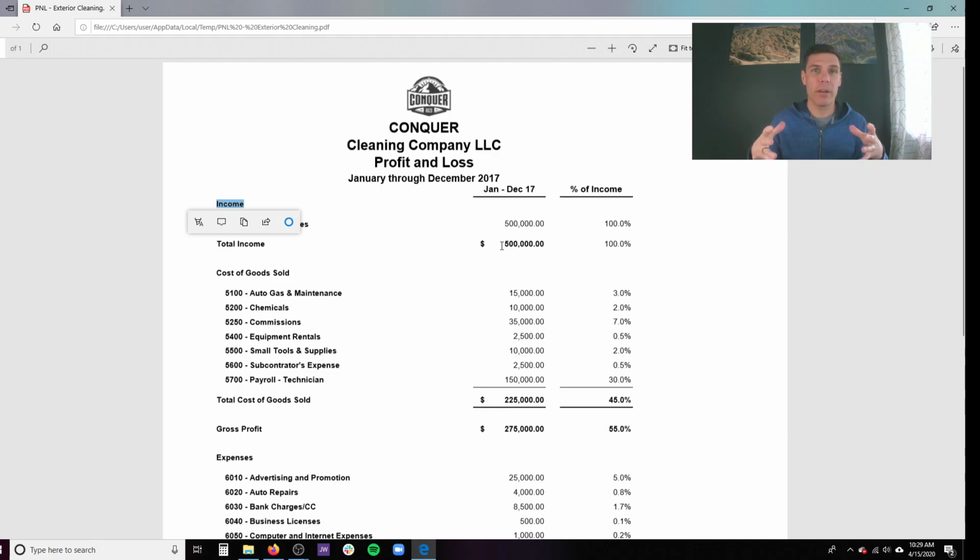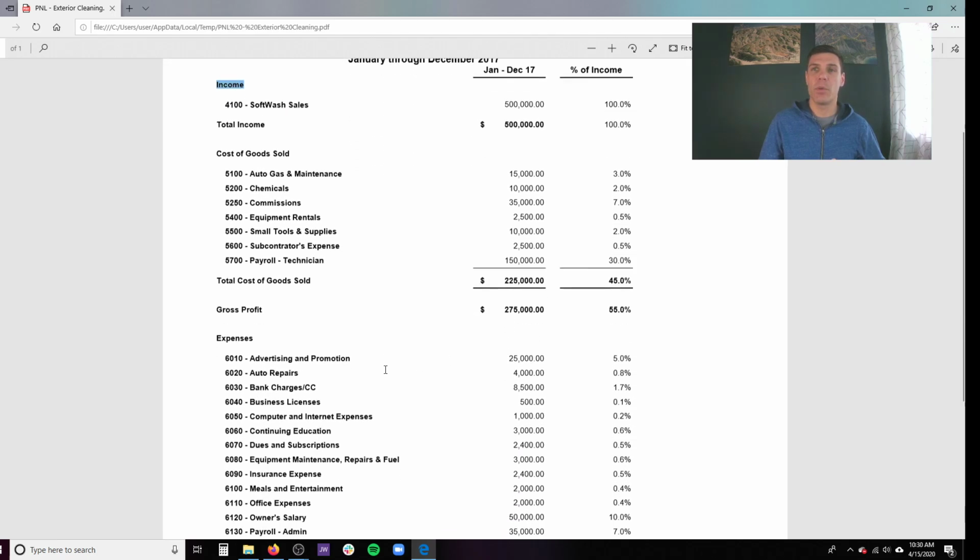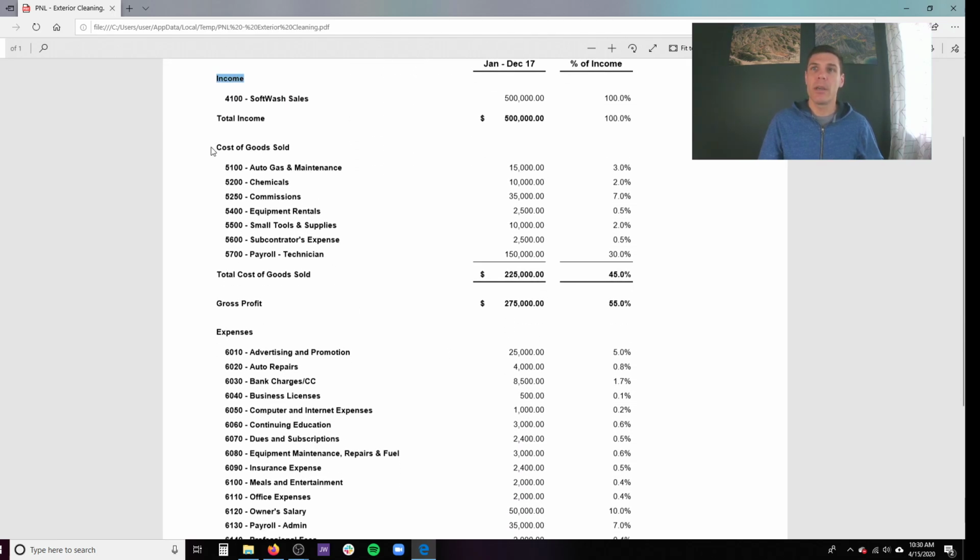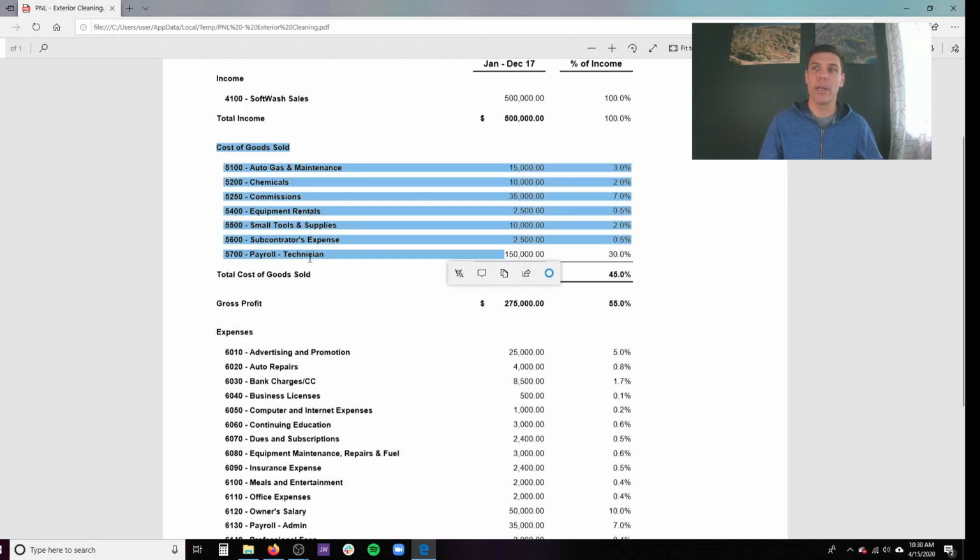So out of that bucket of money, that's where we fund everything else that has to happen in the business to keep the wheels turning, to keep the doors open. And you'll start to see those things as we move down our sheet a little farther. The first section is a list of expenses broken down by category. And it might look a little different depending on the profit and loss report that you're looking at, the business that you're looking at.